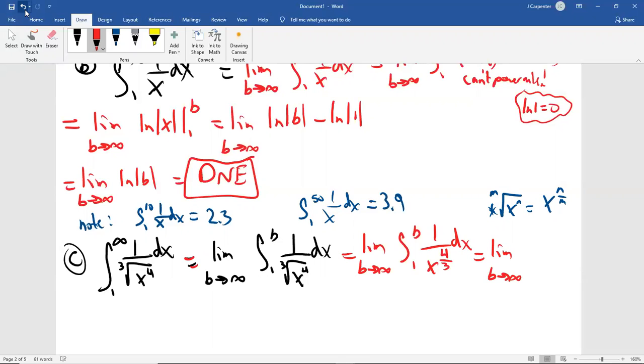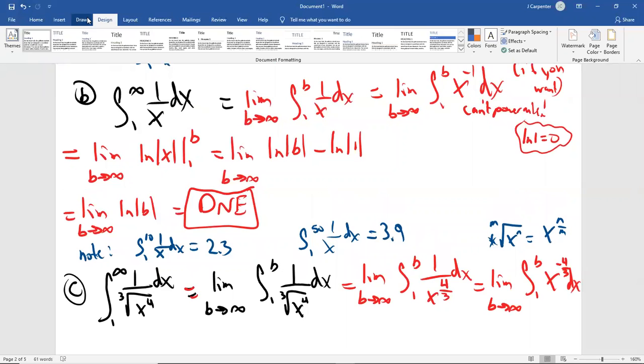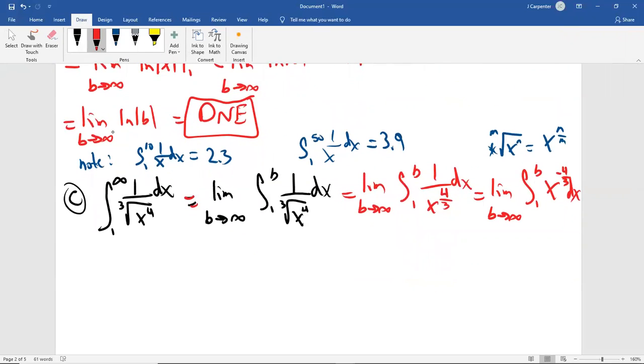We don't like the variables in the bottom to actually integrate, so bring it to the top, x to the negative 4/3 dx. Now we can set this up with our power rule formula. Add 1 to the exponent, divide by the same value. I will show all the detail for this one.